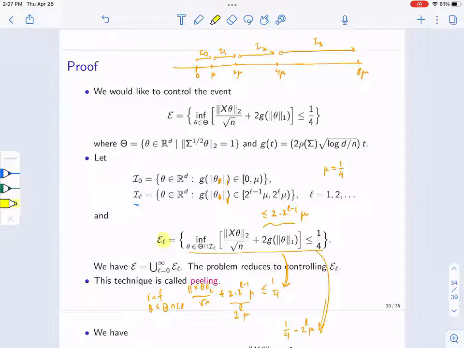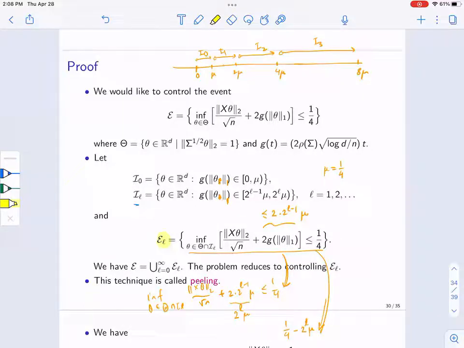And what we did was use a technique called peeling. To get rid of the fact that there is this variable here, we subdivided the 0 to infinity interval into progressively longer intervals. So 0 to mu, mu to 2 mu, 2 mu to 4 mu, and so on.